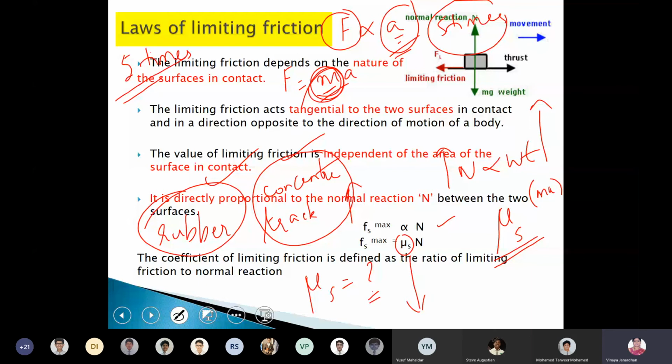They will check both materials, what is the nature of the material, and they go for this value we call mu_s. Accordingly, they will select; even for rubbers used for tires, there are different types of synthetic rubbers. So they will check the concrete material on the track as well as the rubber material, so that the value of mu_s should be as low as possible. Only those two materials will be taken for car racing.